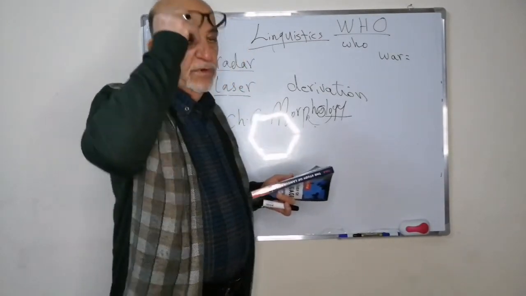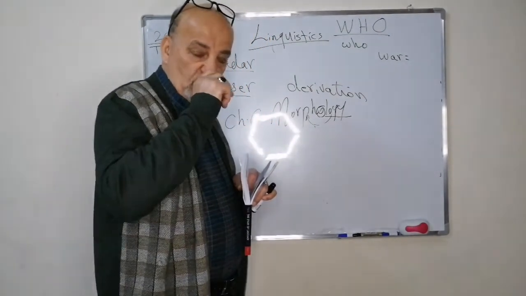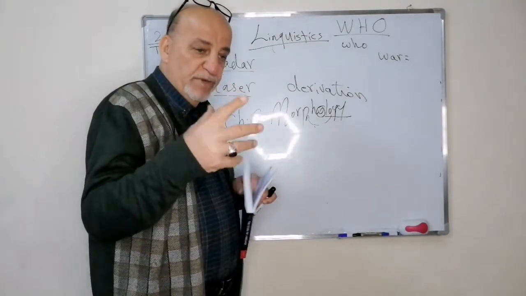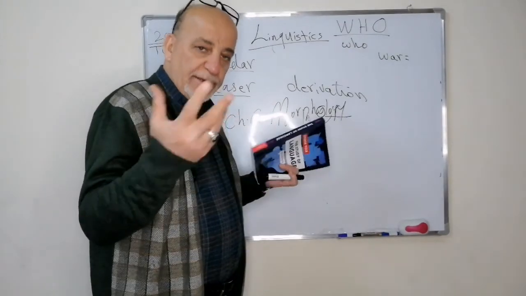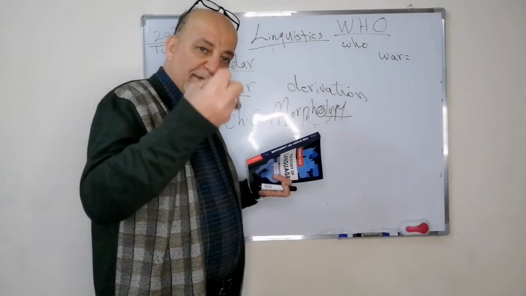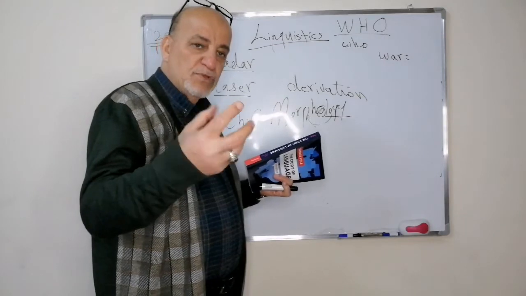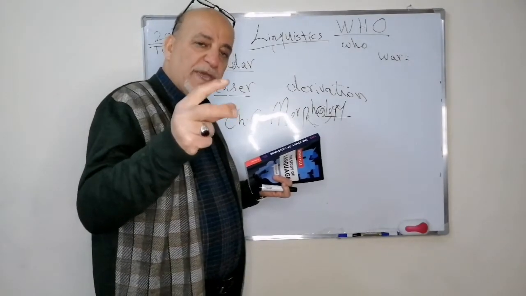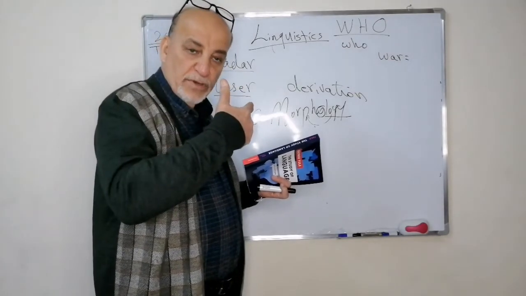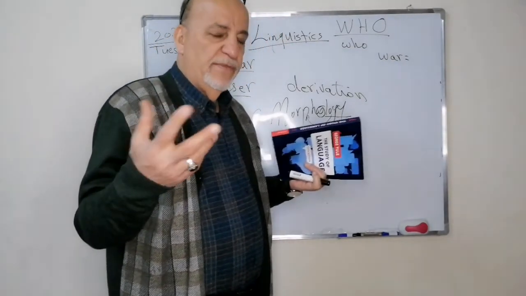You remember that in the processes that we discussed, only in hypocorism we add either Y or IE, for example Barbie, Telly. We said it's a long word, we shrink the word, we reduce it into one syllable, and then we add IE or Y in hypocorism. In the other processes, we do not add. We add nothing to the word.